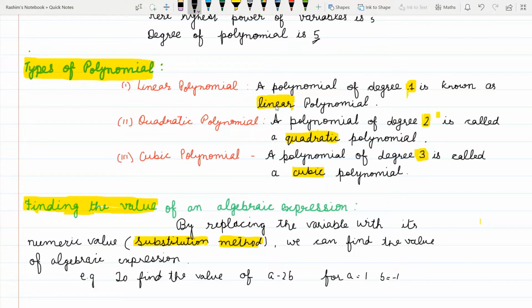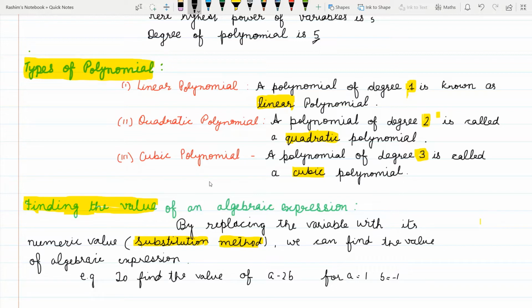So a polynomial with highest power 1 is a linear polynomial. When the highest power in a polynomial is 2, that is degree 2, that is a quadratic polynomial. And third is a cubic polynomial. When the highest power is 3, meaning the degree is 3, it is a cubic polynomial.